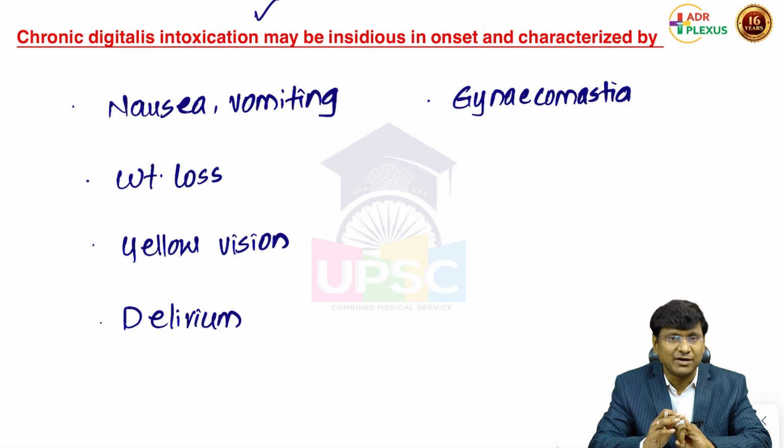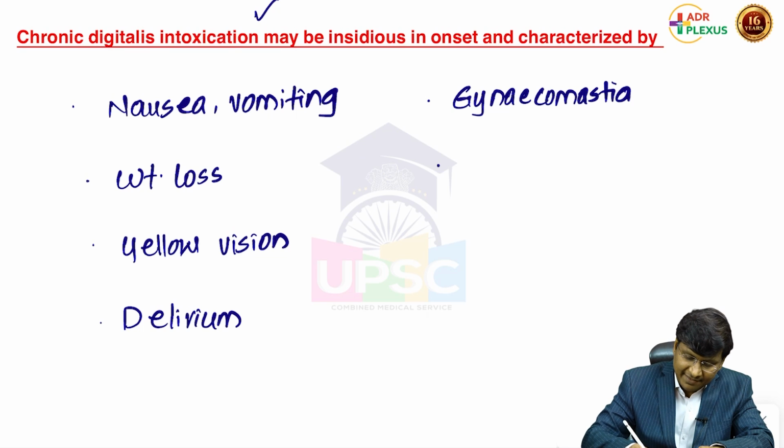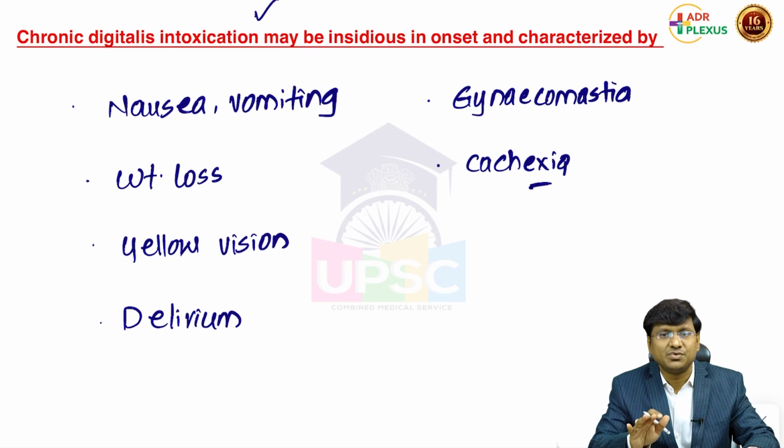That includes spironolactone, digoxin, isoniazid, estrogen supplementation, and cimetidine. These are all the other drugs associated with tender gynecomastia. And the next important point here is they will have cachexia, which is nothing but weakness. Okay, so these are all the features associated with chronic digitalis intoxication.